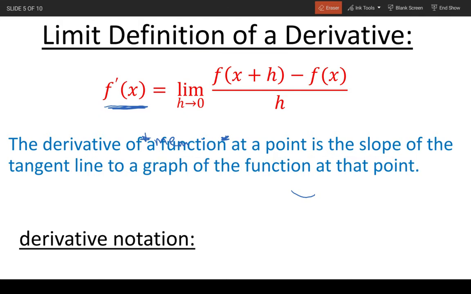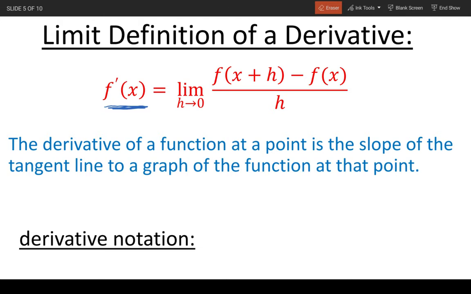The wordy definition of a derivative, we said, is that the derivative of a function at a particular point is the slope of the tangent line to the graph of the function at that point.